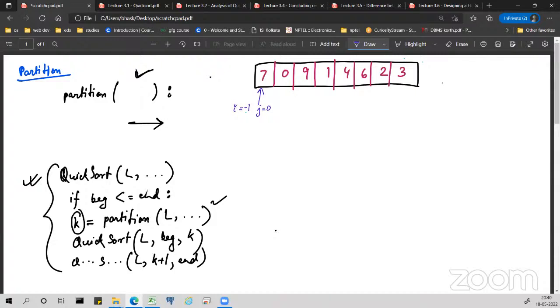Whenever I say array or list, just consider both of them interchangeably. But in our lecture, sir has used the pivot element to be the first element. Fine. So whenever you are considering the pivot element, you would start the partition algorithm from the leftover other elements. Understood? Because this is your pivot. So sir has explained by taking the first element as the pivot element, and that's why sir has used the markers from the second element.